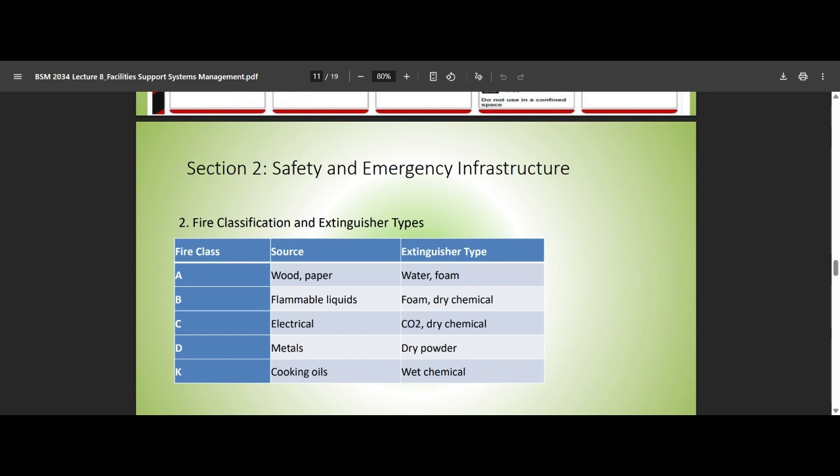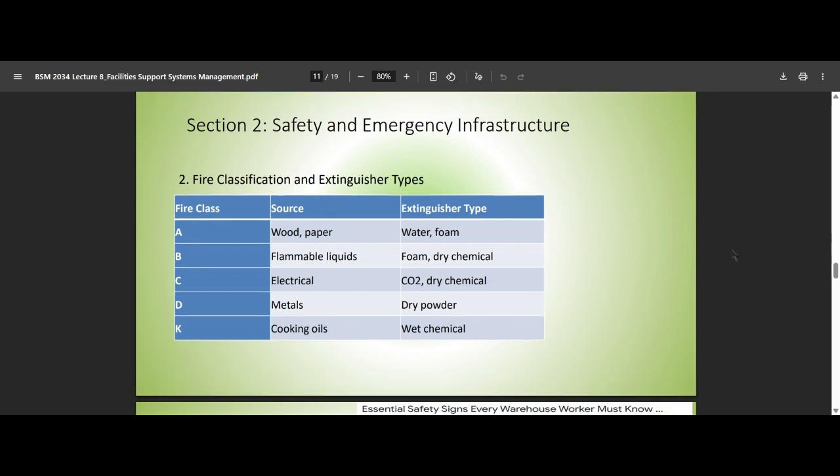Now, fire class B is flammable liquids. Fire class C is from electrical. Fire class D from metals. Fire class K from cooking oils. So each type of fire requires a specific type of extinguishers.